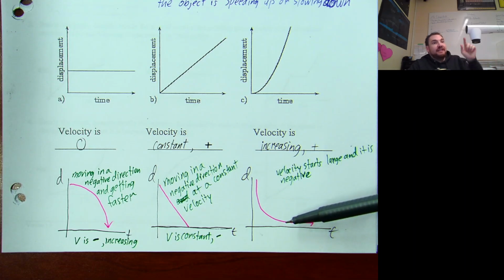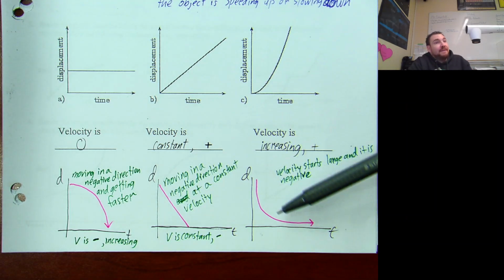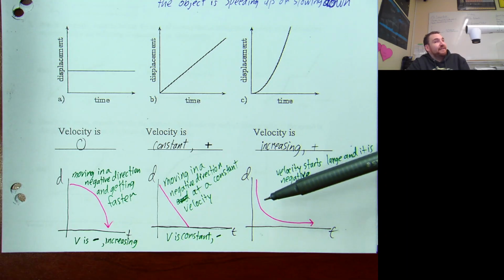So that means the velocity is doing what? Becoming more constant. Not becoming more positive. It's becoming neutral. And in math, the number that represents neutrality is zero. It's not becoming more positive, it's becoming less negative, and those are different.